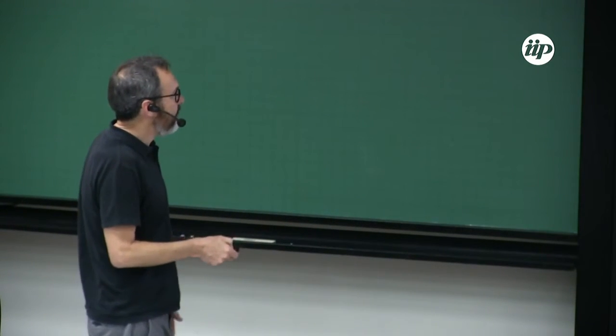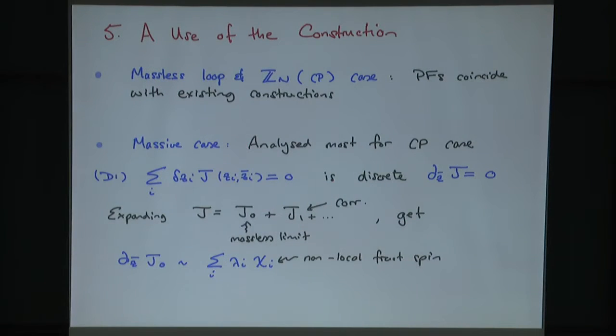What about the massive case? Well, in the massive case, this is one of the interesting things. So we analyzed this most in the chiral Potts, which is actually the most complicated case. But the philosophy is the following. So we end up with this D1 relation that looks like this. And this, as I said, is just a discrete version of this relation. So remember, integration and differentiation are basically the same. So this is a discrete version of this.